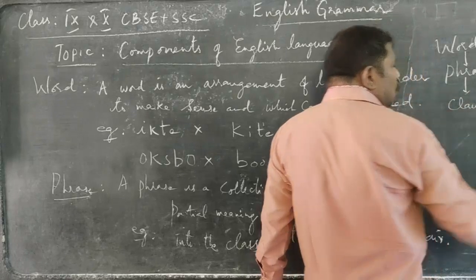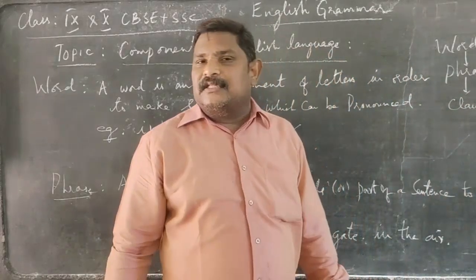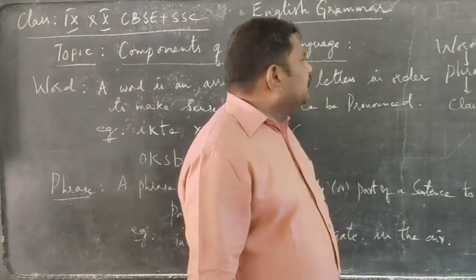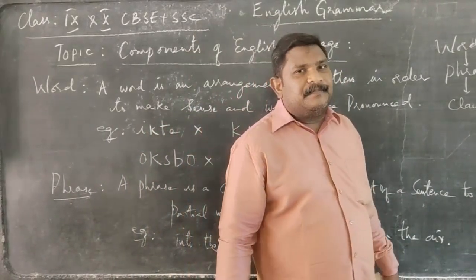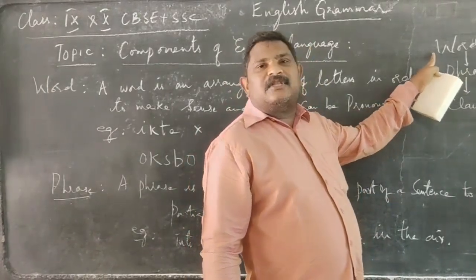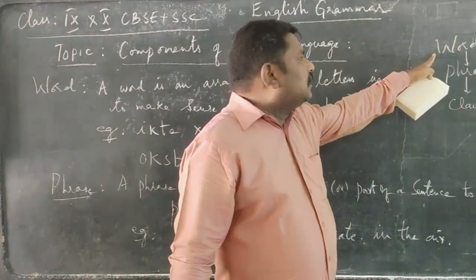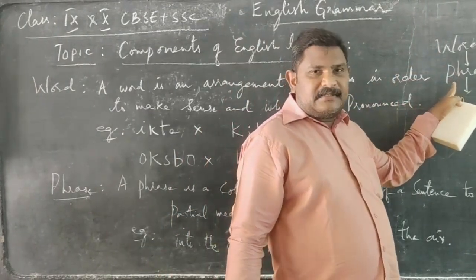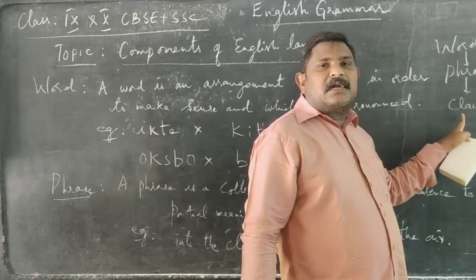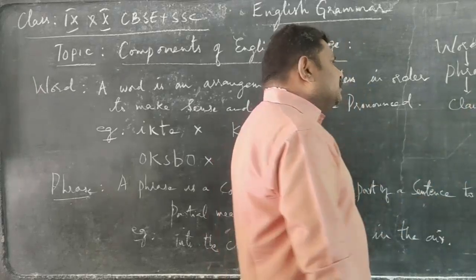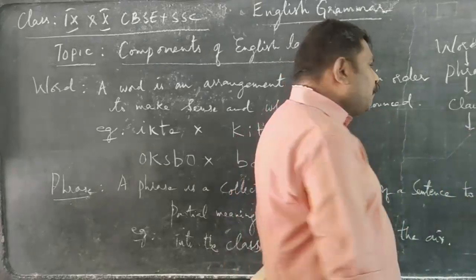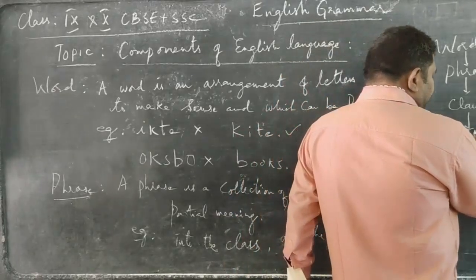This is the order of the language, how the language evolved. The mechanism of language is based on this aspect. Language is nothing but a collection of words. The collection of words forms a phrase, the collection of phrases forms a clause, and a collection of clauses forms a sentence.